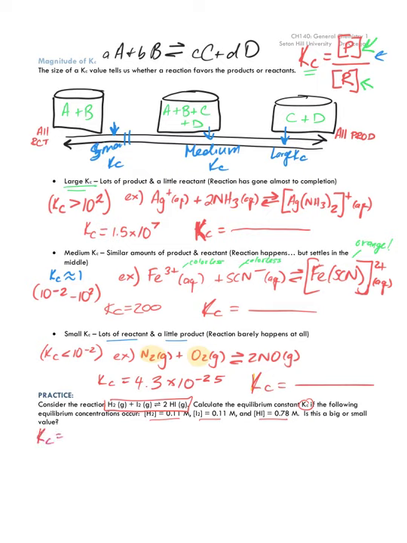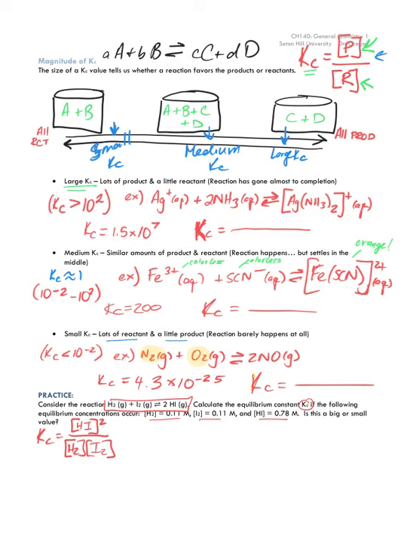Kc will be equal to the products, which are HI, and there's two of them, so that gets squared, over H2 times I2. So that would be our equilibrium expression. Now we would plug equilibrium concentrations into this.